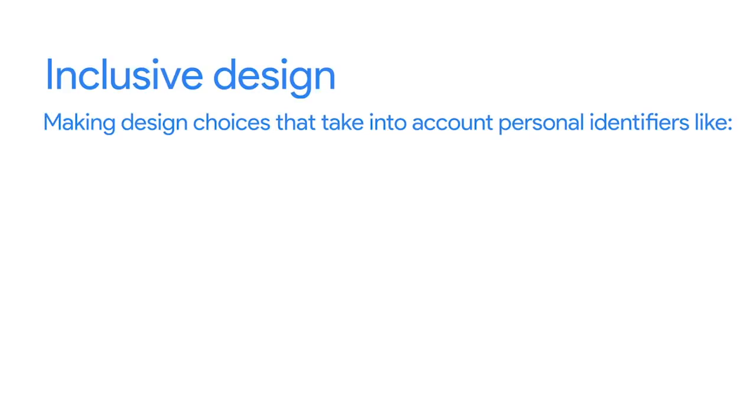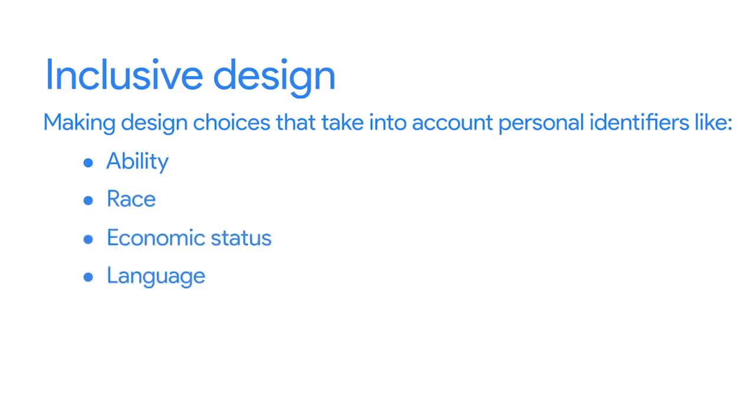Inclusive design means making design choices that take into account personal identifiers like ability, race, economic status, language, age, and gender. Inclusive design includes researchers and designers from traditionally excluded populations in the process, so they can provide their unique perspectives during all phases of the design process.